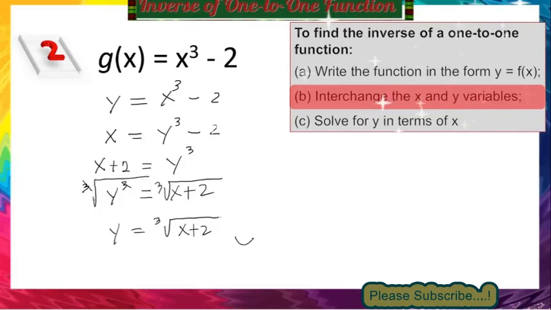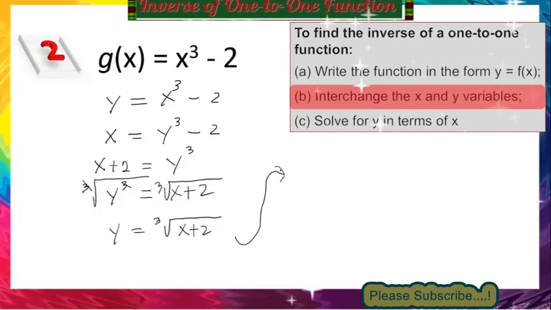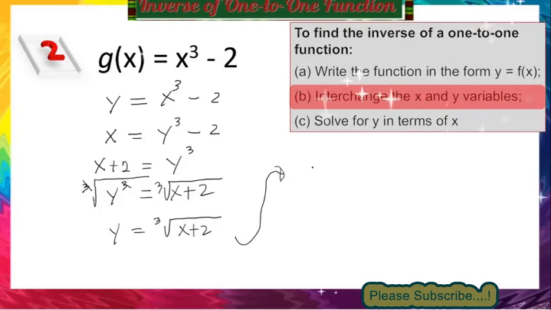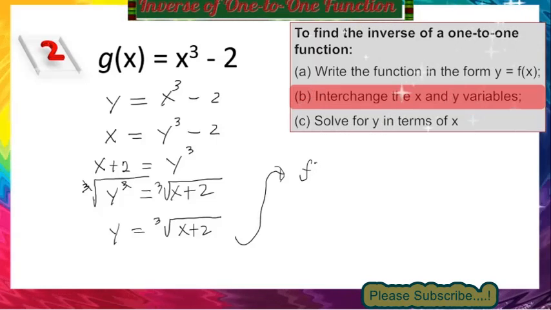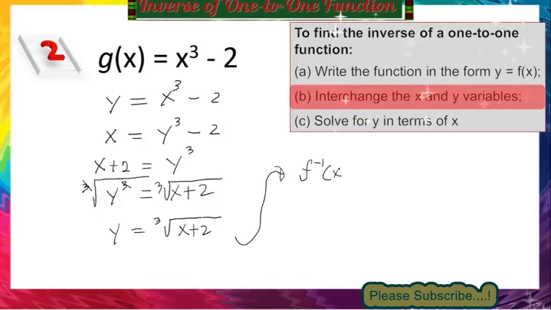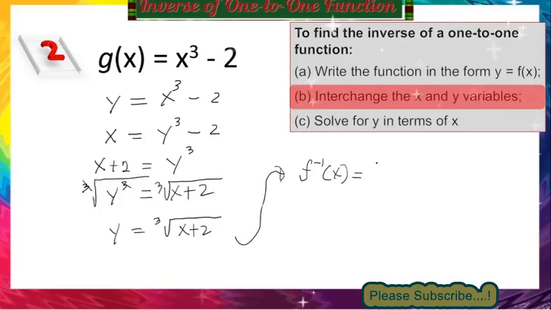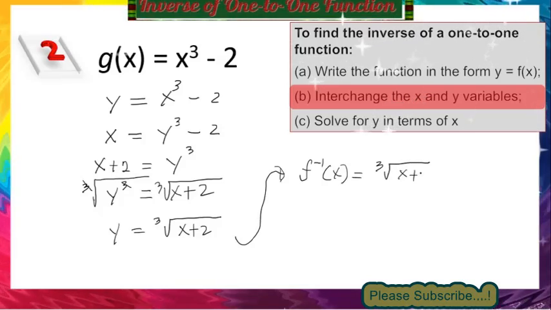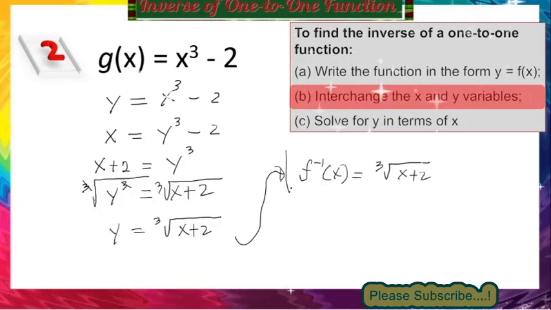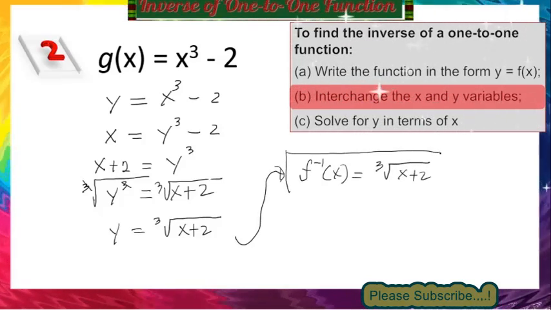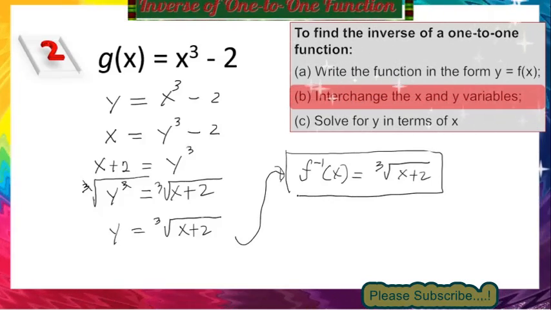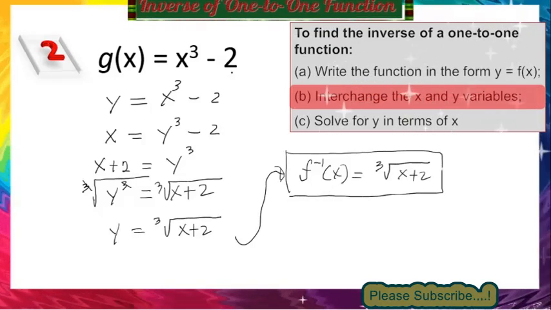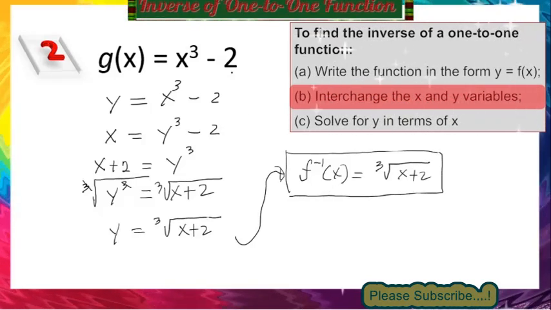So your final answer, or the inverse function of the given function, is y equals the cube root of x plus 2. This is the inverse function of the given function g of x equals x cubed minus 2.